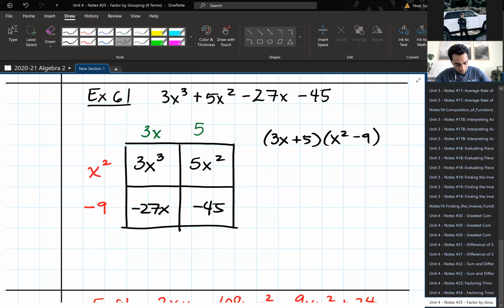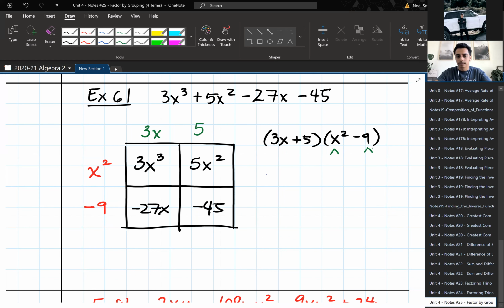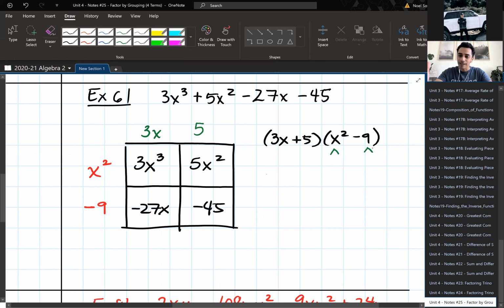Give you another hint. What do we call that? What do we call the types of polynomials that are x squared minus 9? Yeah, something with a square, right? Give me the name of that type of polynomial. It's a special type.